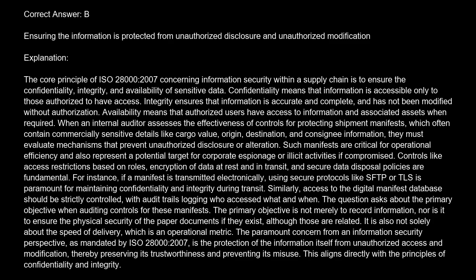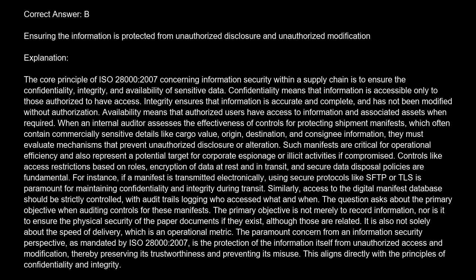When an internal auditor assesses the effectiveness of controls for protecting shipment manifests, which often contain commercially sensitive details like cargo value, origin, destination, and consignee information, they must evaluate mechanisms that prevent unauthorized disclosure or alteration. Such manifests are critical for operational efficiency and also represent a potential target for corporate espionage or illicit activities if compromised.